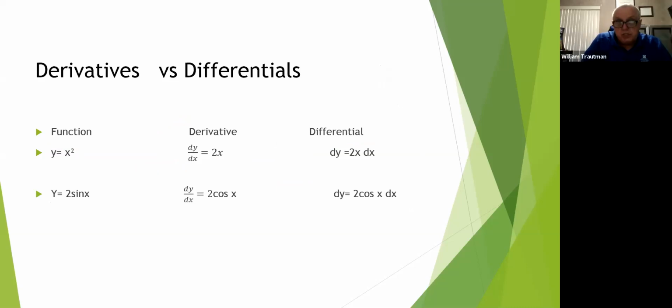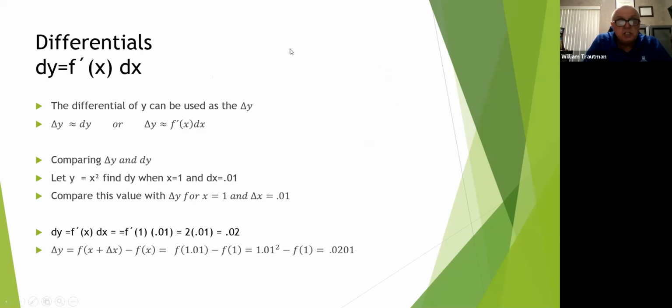Okay, so here's the next slide. Once again, the differential of y, the dy part, is the change in y. So instead of saying dy, we can say the change in y. And when we start saying the change in y with the dy differential, that's where we're approximating.